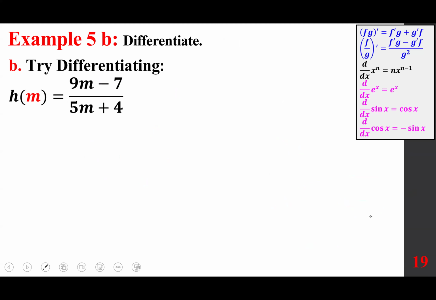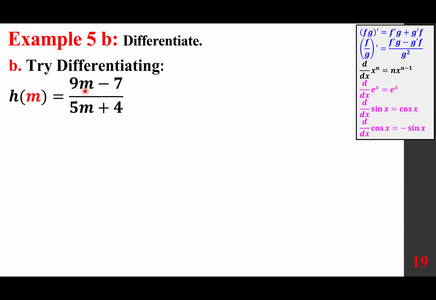All right. H of m is 9m minus 7 over 5m plus 4.